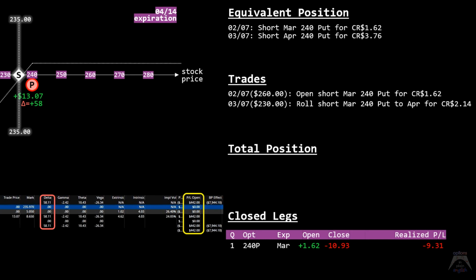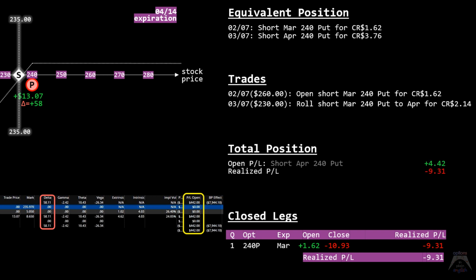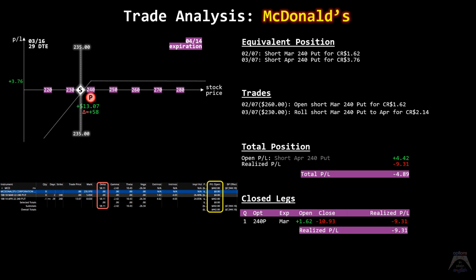We haven't closed any additional legs yet, so we keep the same realized P&L we had before of minus 931, but now our open P&L is showing a profit of $442, so our total P&L will be the result of a $442 profit minus a $931 loss, leaving us with a total P&L of minus $489, after which we decide to close out our position.